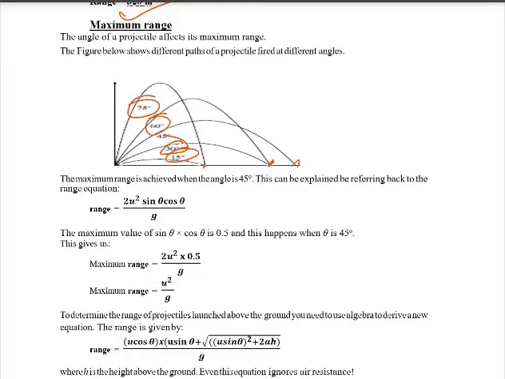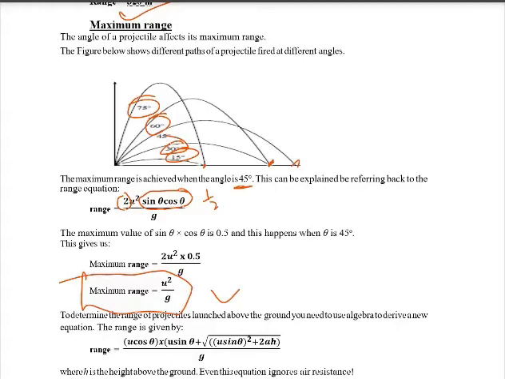This indicates that sine 45 cos 45 is equivalent to 1 over 2, and this is cancelled by the 2. And finally, if asked to calculate the maximum range, we use u square over g, because sine theta cos theta is 1 over 2, and the 2 is cancelled by 1 over 2, and finally we are left with u square over g. If you are asked to determine the maximum range, you must apply this, and we get the maximum range when theta is 45 degrees. Therefore, the range is maximum when theta is 45 degrees.